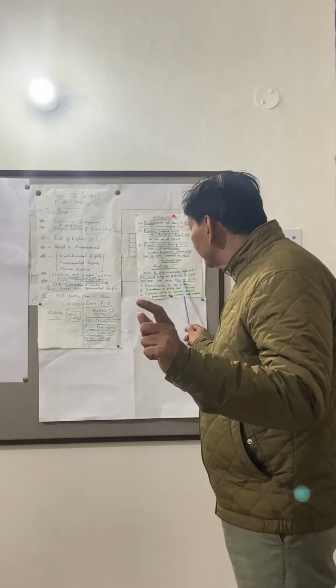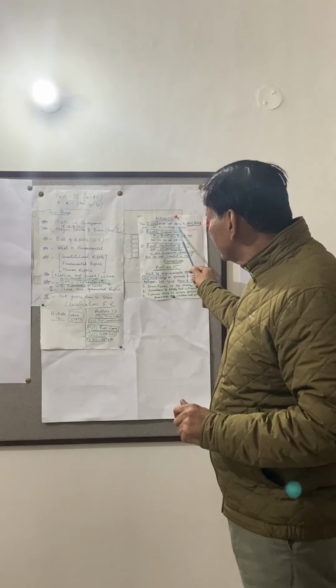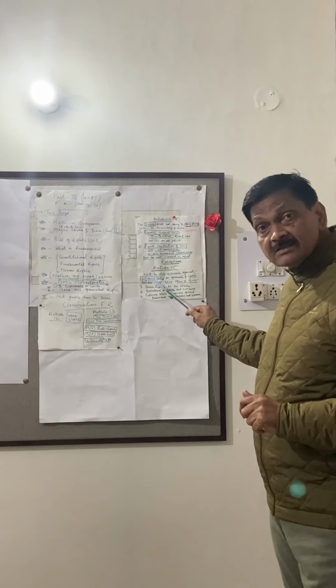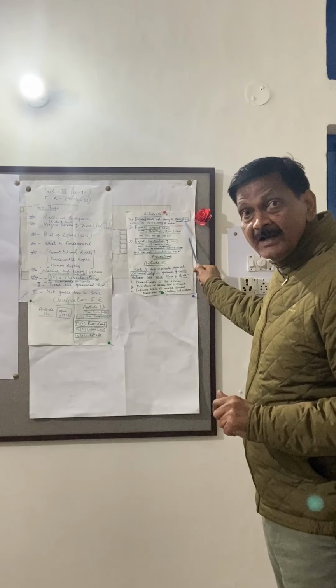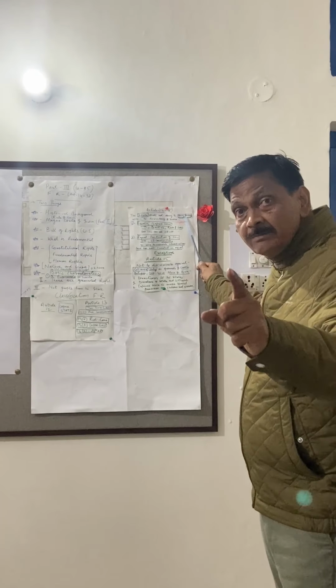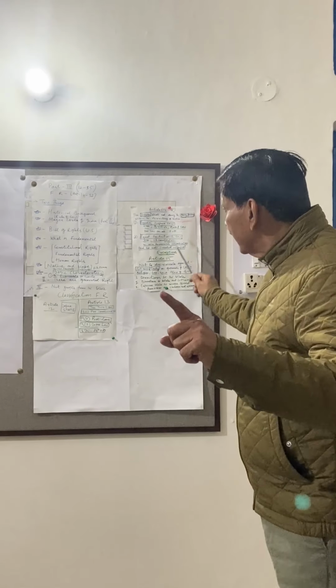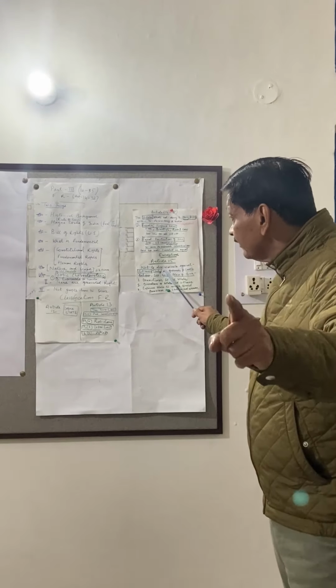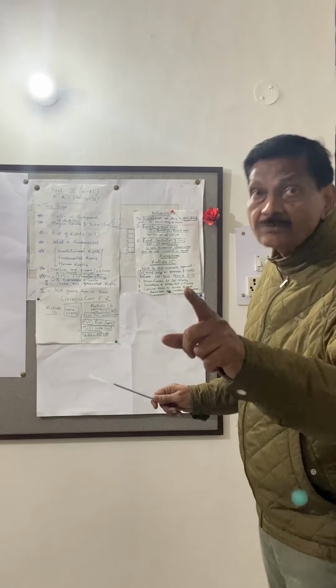This is very important to note down. The previous one, Article 14, mentions nowhere citizens. It mentions persons. It means right to equality is available to all, even foreigners. But this Article 15 is only available to the citizens of India.